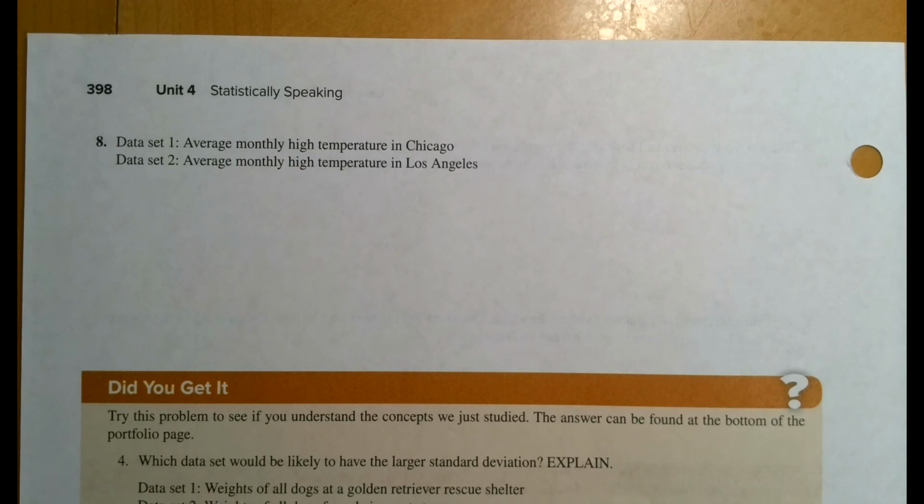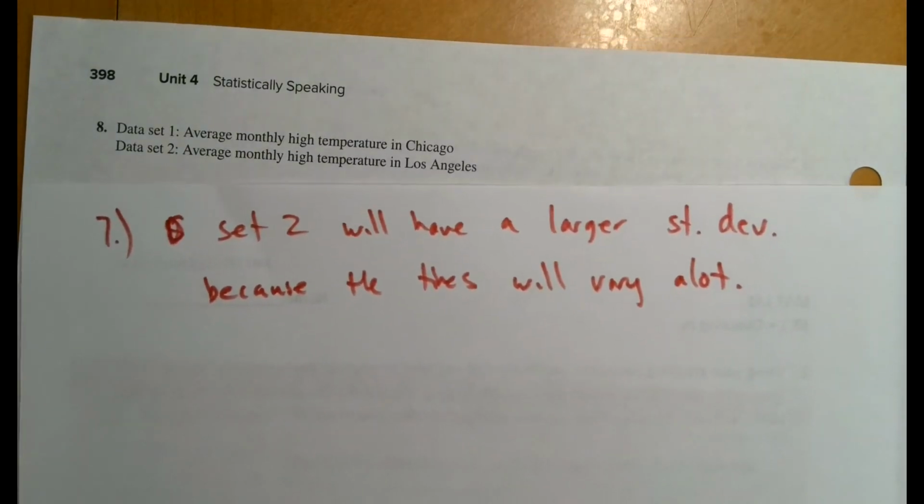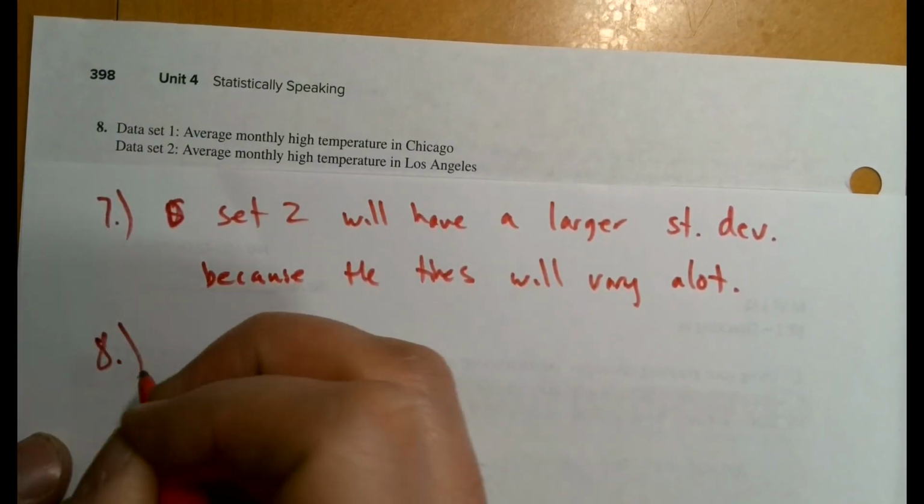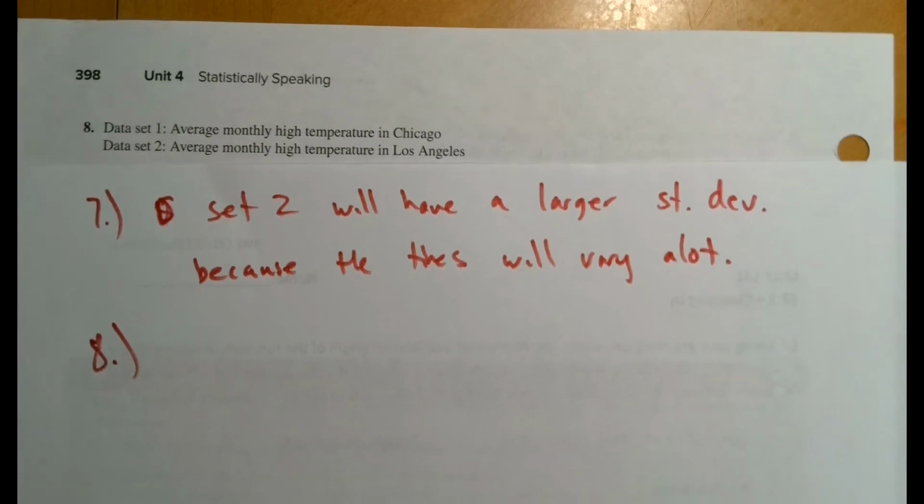So for them, cold weather might be in the 50s and hot weather might be in the hundreds, and Chicago can go anywhere from the hundreds to the negatives, right? So Chicago will have the higher standard deviation because they have values that range from really hot to really cold.